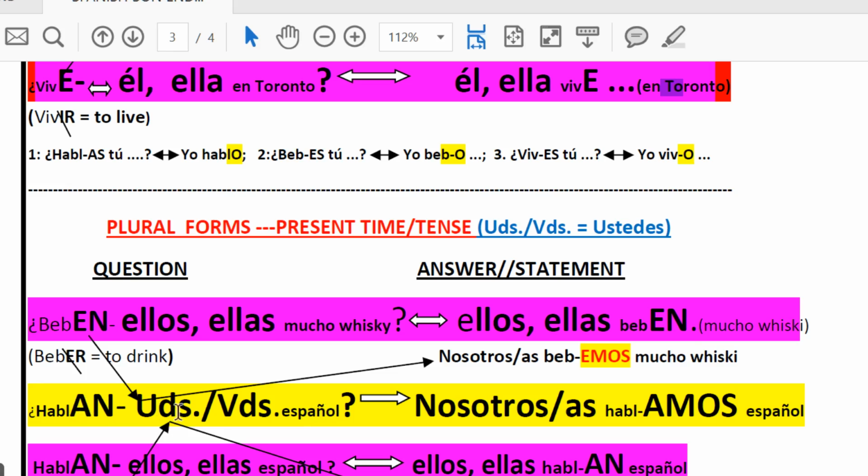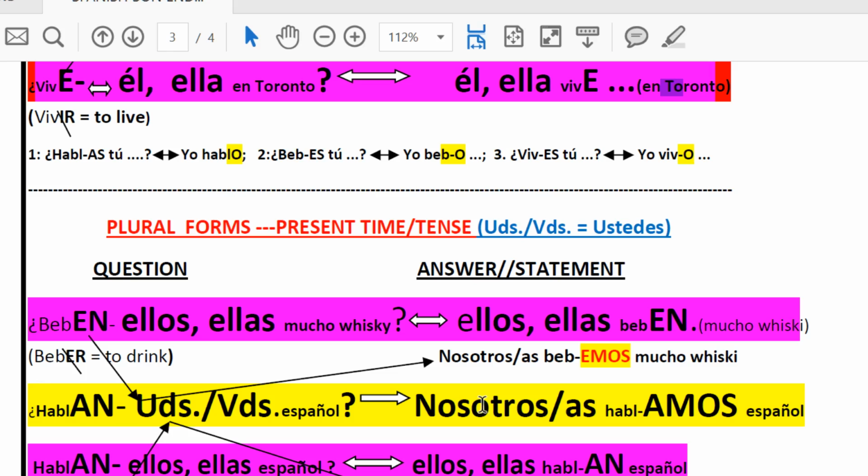Now, the reply to hablan ustedes, if you and you were all replying together, you would say, sí, nosotros. Now, nosotros is another marker. Nosotros or nosotras. Wherever you hear the sound nosotros or nosotras, it refers to we.